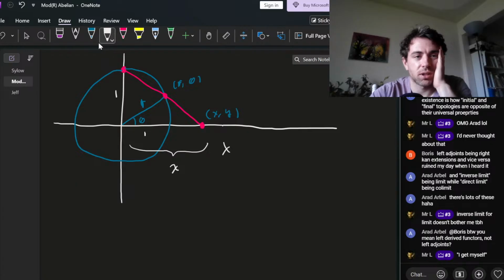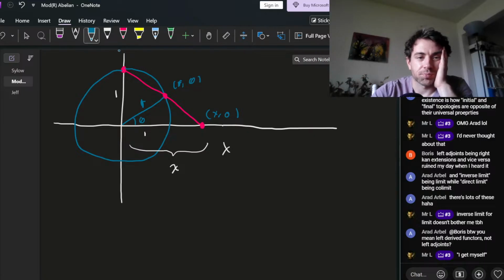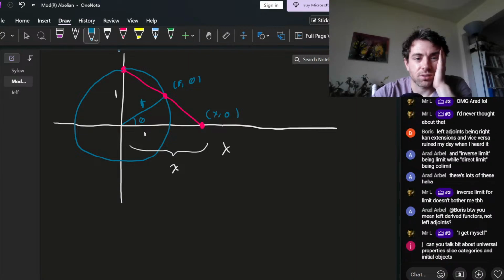And actually, wait, what am I even doing? This is just a single number on the x-axis, right? So this is x0 really in coordinates. And so the length of this red part is going to be the root of x squared plus 1.